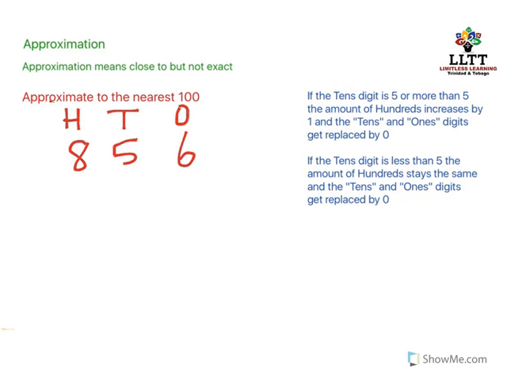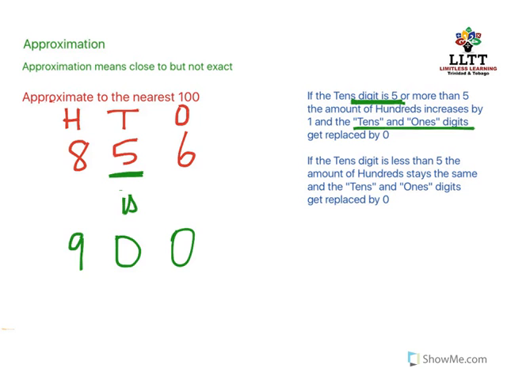Again, we're going to look at our tens value. Our tens value is 5. If our tens digit is 5 or more than 5, then the amount of hundreds increases by 1. So 8 plus 1 is going to be 9. And then the tens and ones digits get replaced by 0, 0. So 856 to the nearest hundred is 900.